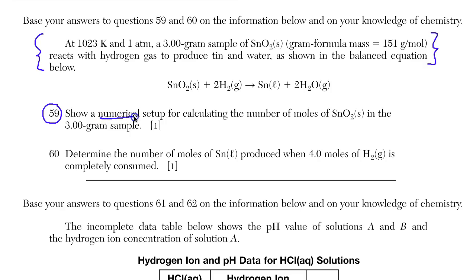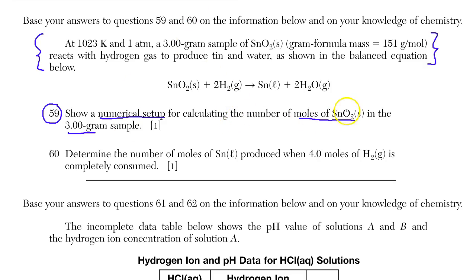That's all they want. They do not need for you to answer for calculating the moles of tin oxide in a 3-gram sample. Whoa, they're giving you a 3-gram sample and they want moles. Well, my friends, in chemistry, all they want you to do is show how you convert grams to moles.